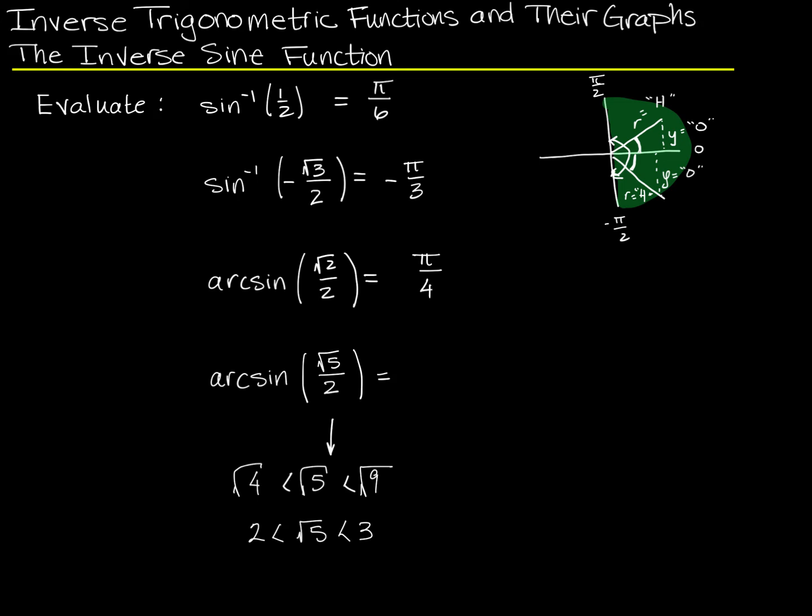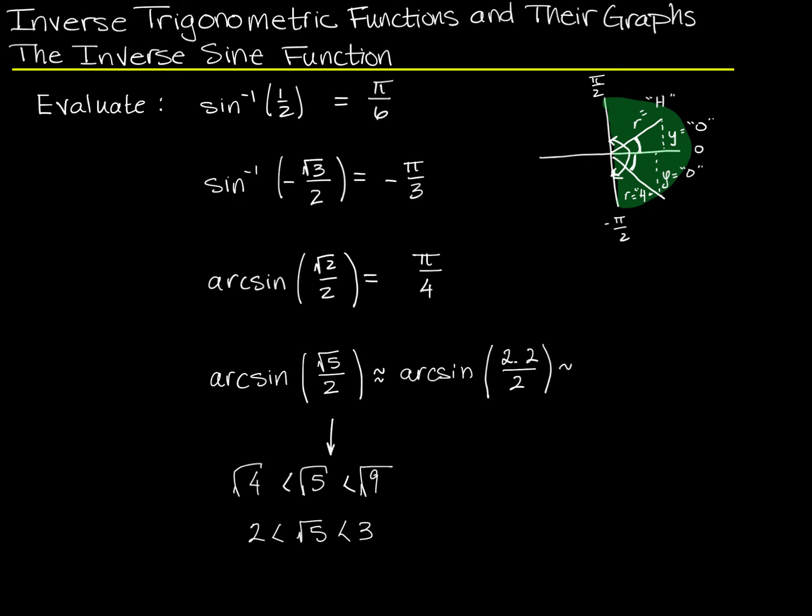I don't want to get too carried away with details, but let's just say that this is approximately, I'll go ahead and use that sign correctly. So the arcsine of the square root of 5 over 2 is approximately the arcsine of, let's just call it, 2.2 over 2.